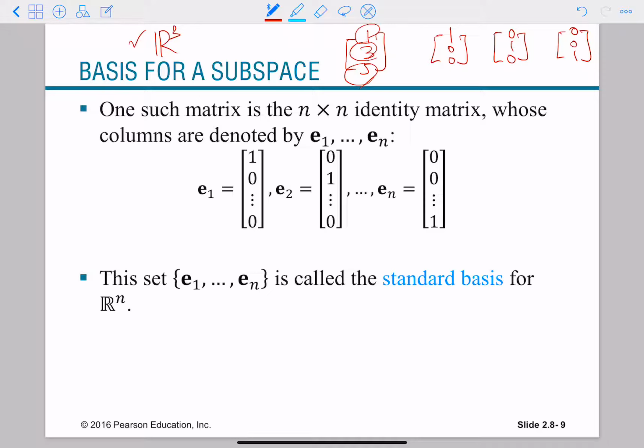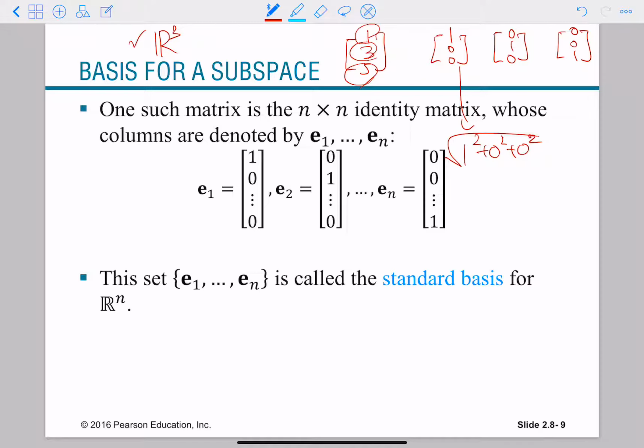Although we didn't formally discuss the definition of the length of the vectors, you guys know the length of the vectors, right? Like 1 squared, 0 squared, and 0 squared, and take the square root of it. So this is the definition of the length of the vectors, based on the Pythagorean theorem. But anyways, each of these three vectors will have the length of 1, which is kind of simple, right?